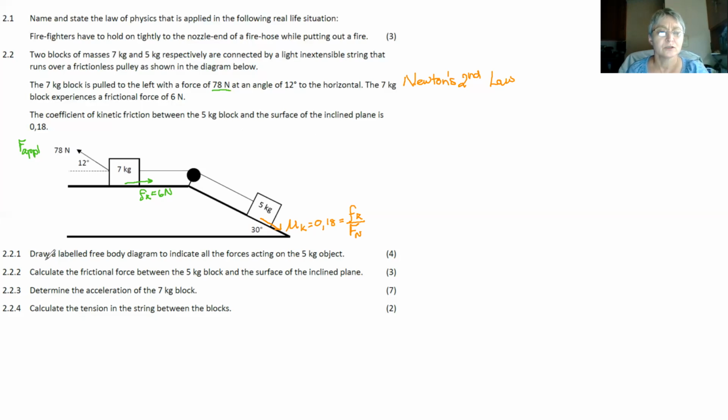The first question, 2.2.1, says draw a labeled free-body diagram showing all the forces on the 5 kg object. So first of all, if the question is worth 4 marks, there will be 4 forces involved here. So question 2.2.1. Obviously, there will be a force of gravity.